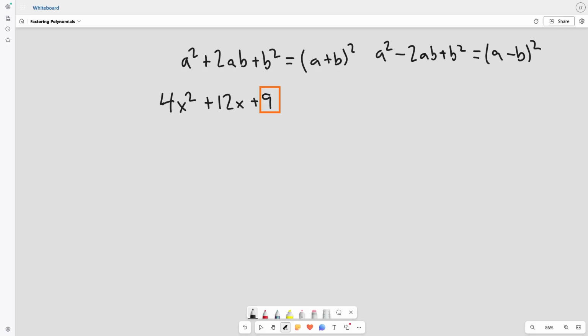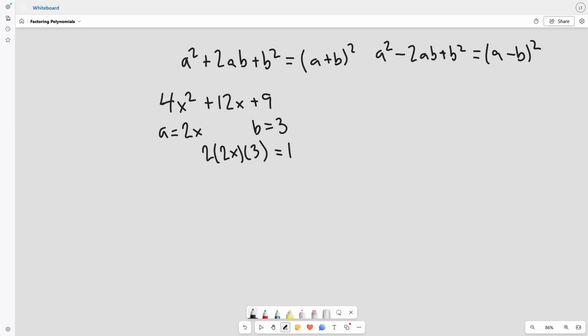So here, a is equal to 2x. You multiply 2x by 2x, and you get 4x squared. And the b is equal to 3. What can you do with this? Well, first, we want to check and make sure that 2ab in fact holds true for this term right here. 2 times a times b. 2 times 3 is 6, times 2 is 12.